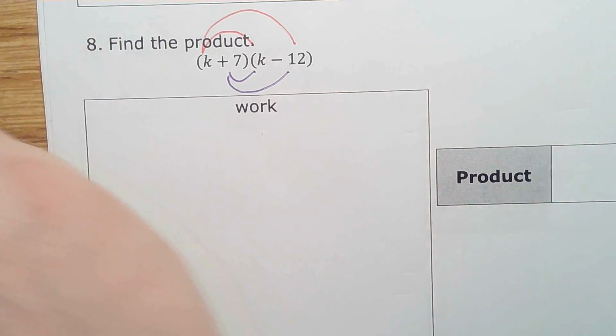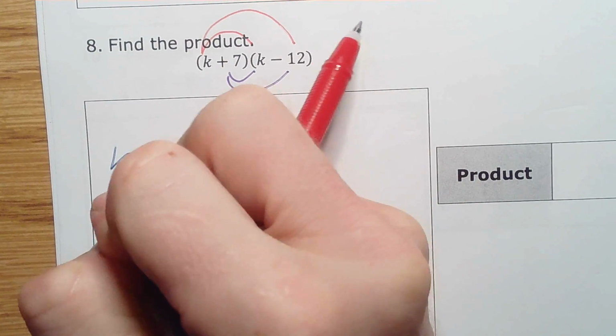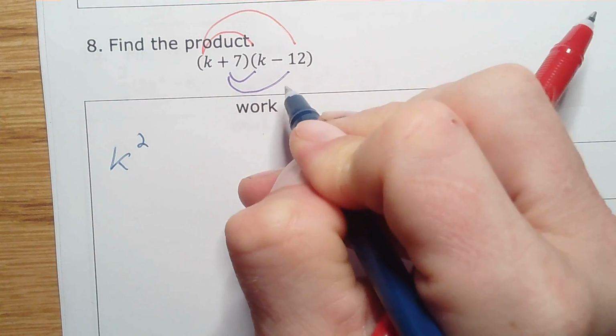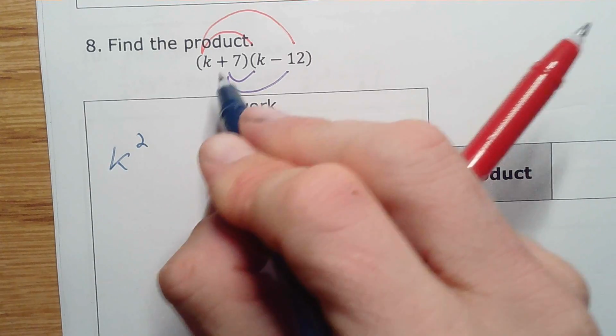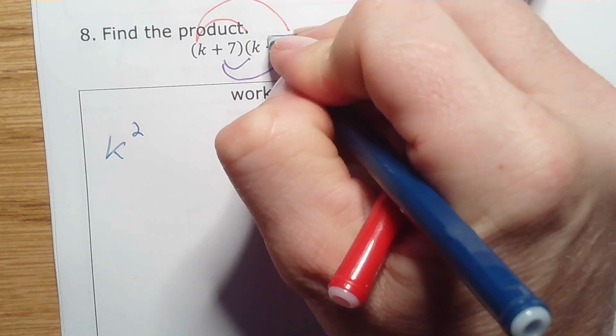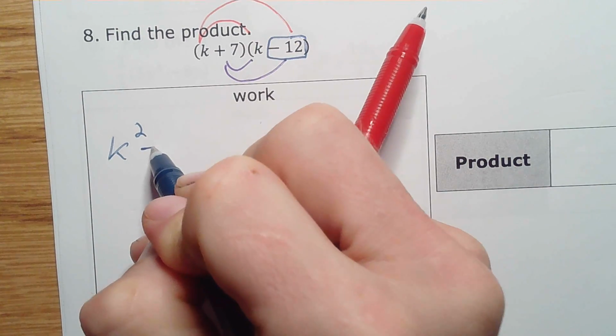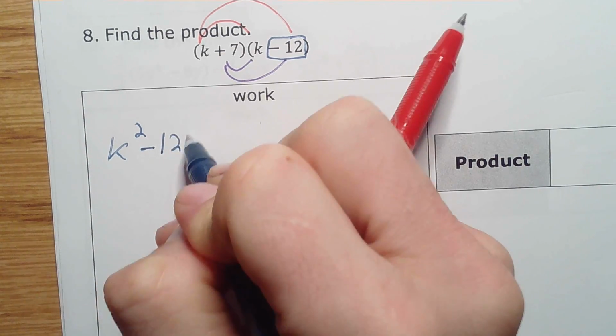Okay, so the first term, we're going to make blue, right? So k times k is k squared. Then we're going to go k times negative 12, because this is a negative 12. It's going to be minus 12k.